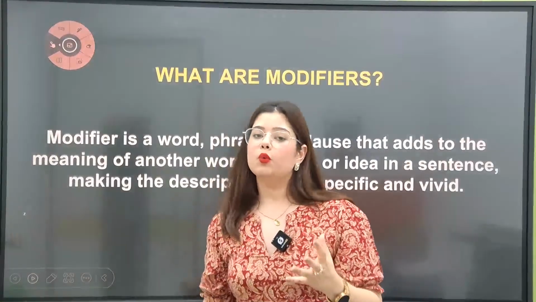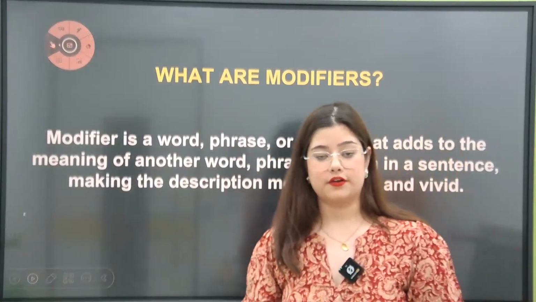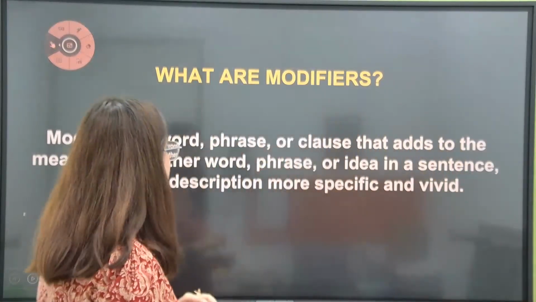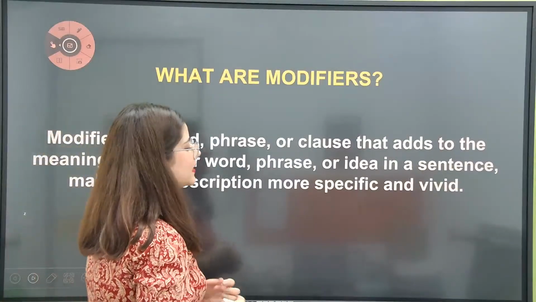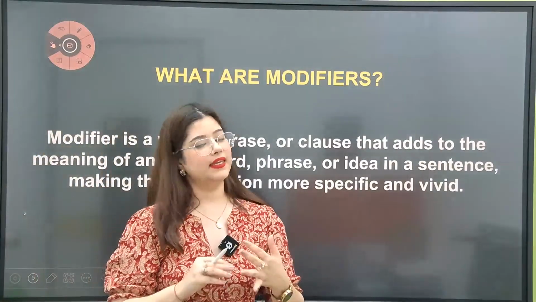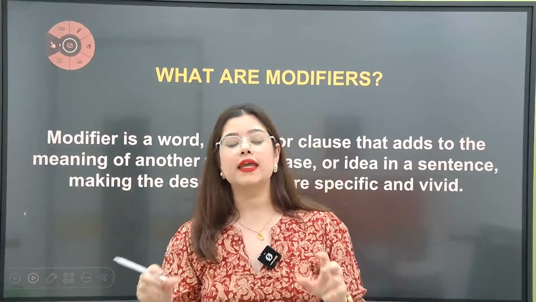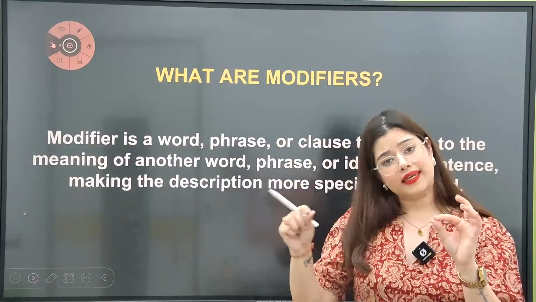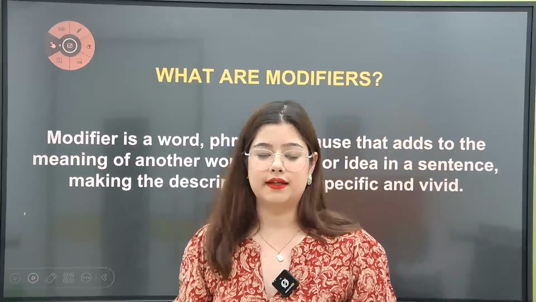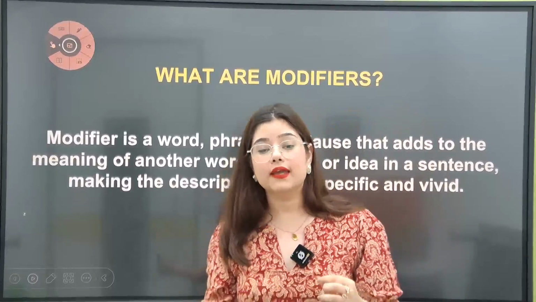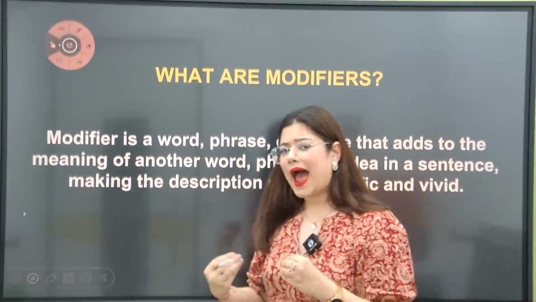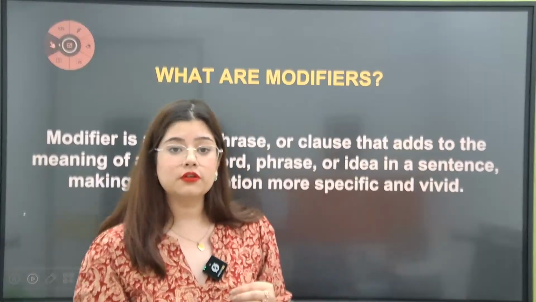So first of all, starting with modifiers, what do we mean by a modifier, right? A modifier is any word, any phrase, or any clause that is modifying a sentence or anything that is present in that sentence. What do we mean by modifying a sentence? It adds additional information to the sentence.